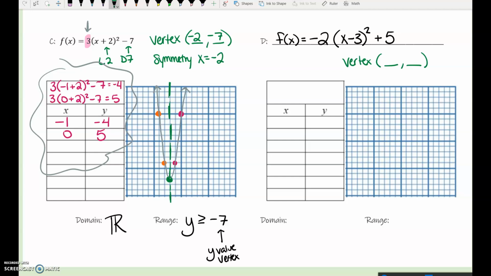The -3 moves us right 3, so that'd be a +3 for the vertex. The +5 moves up 5, so 5. 3, 5. And there's a symmetry line at x equals 3.